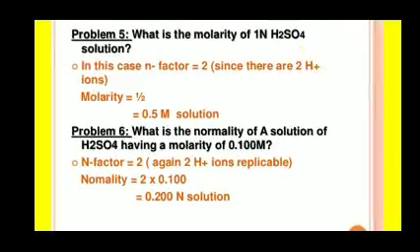Problem. What is the molarity of a 1 N H2SO4 solution? Normality to molarity. In this case, the n factor is equal to 2 since there are two H plus ions replaced from H2SO4. Therefore, molarity is equal to normality by 2.